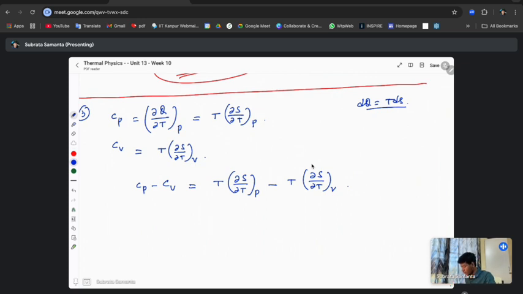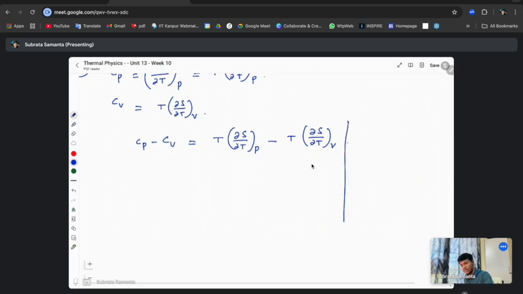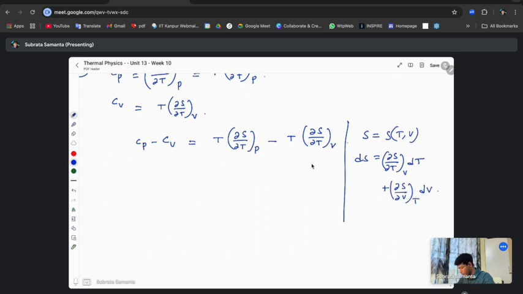Now we know that S is a function of T and V. So that means dS is, using partial derivatives, del S del T at constant volume dT plus del S del V at constant temperature dV.